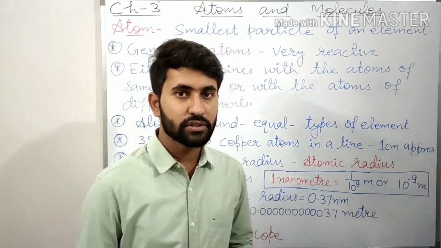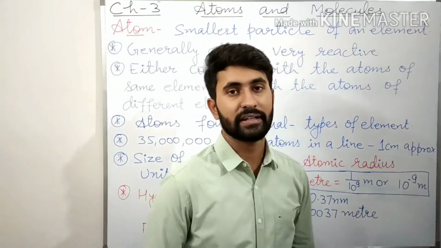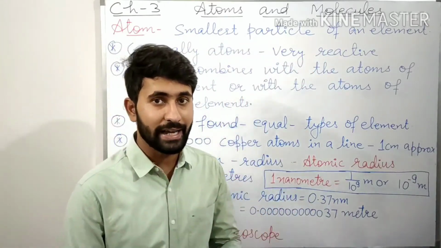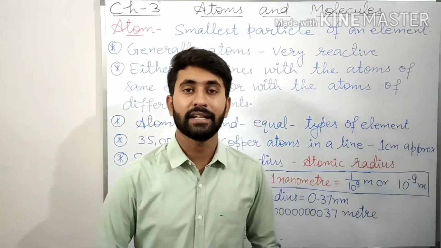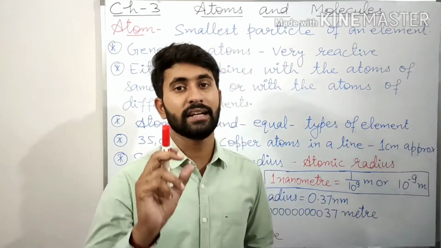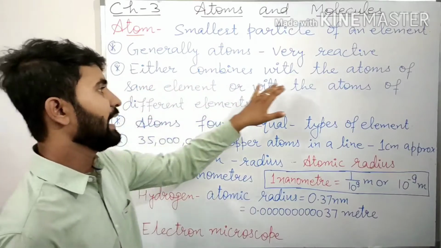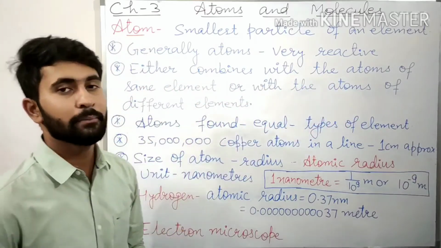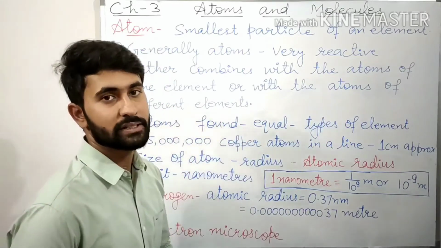Generally, the atoms of most elements are very reactive and do not exist in a free state. It means that they do not exist in the form of a single atom. They either combine with the atoms of the same element or with the atoms of different elements.